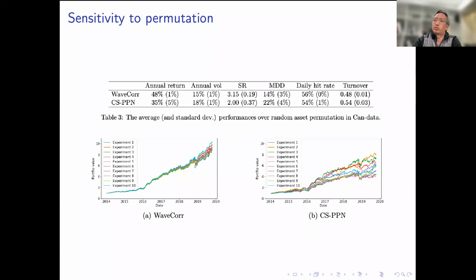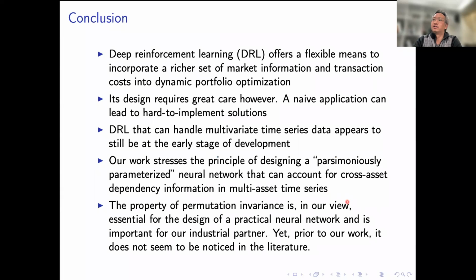In our case, we have very small variation, but this is mostly because of the random starting seed in the neural network. There is some degree of variation, but it is by no means as sensitive as the naive extension of the WaveNet.